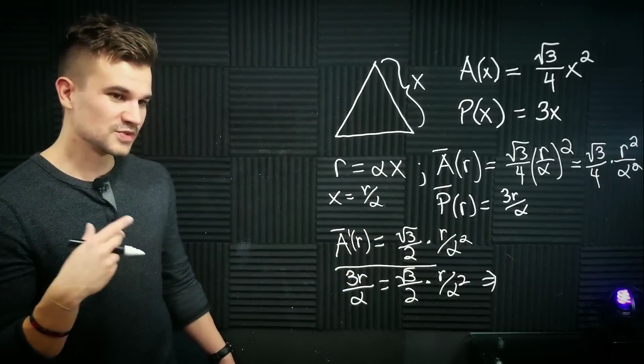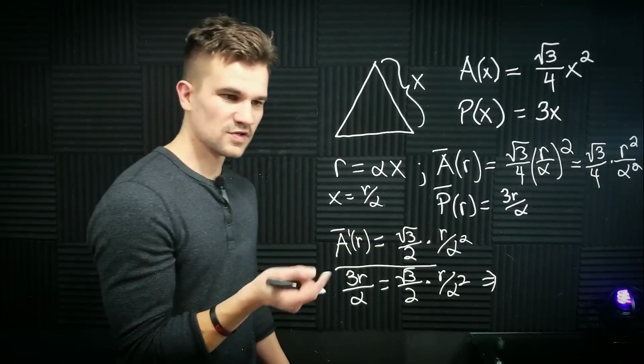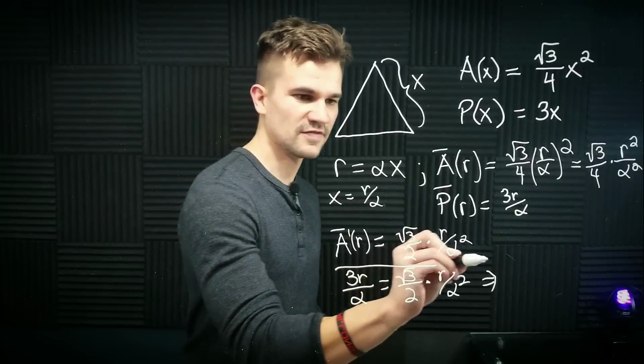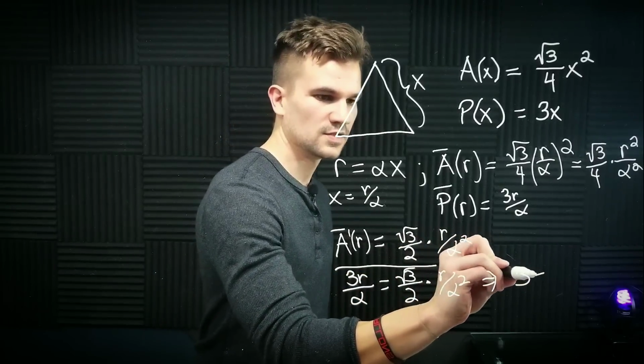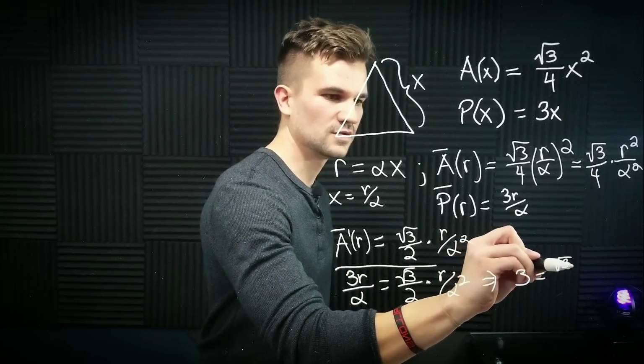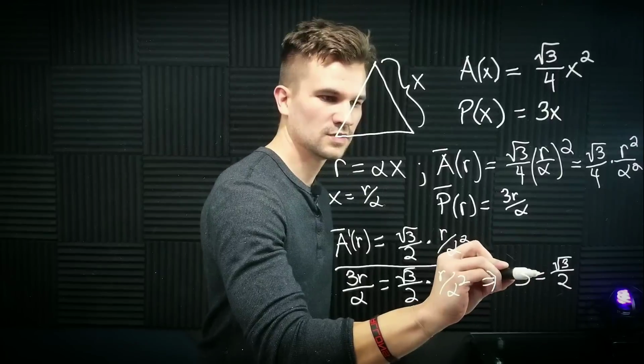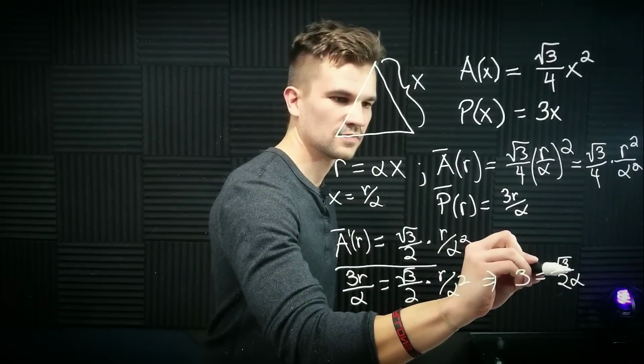And so we'll start doing some cancellations again. r is gone and we have an alpha here, so we're going to have 3 equals root 3 over 2 alpha.